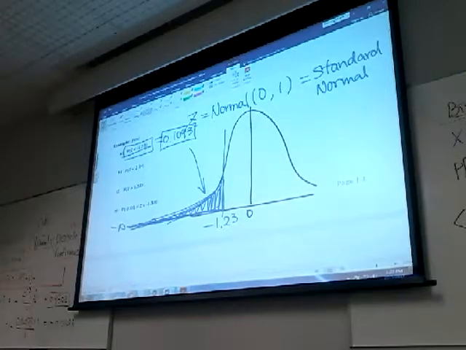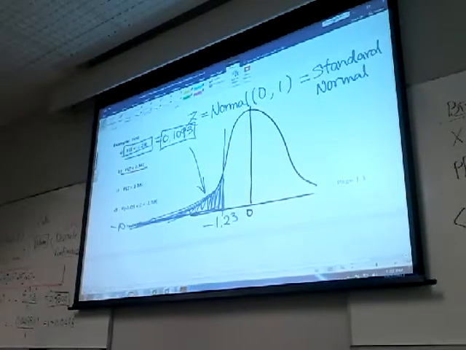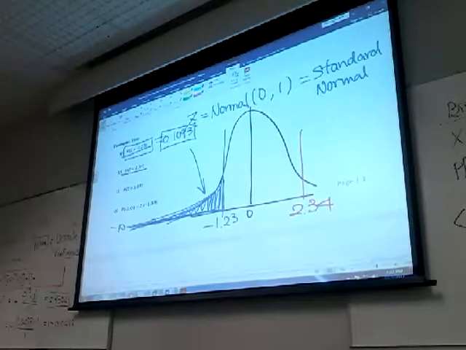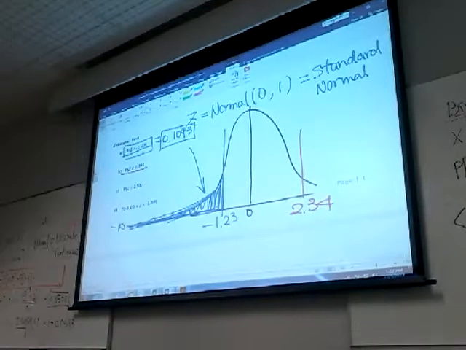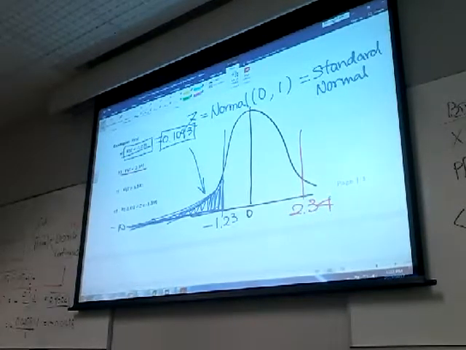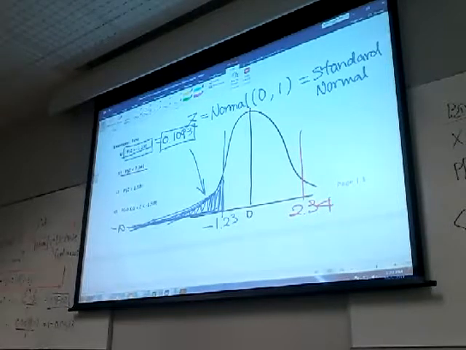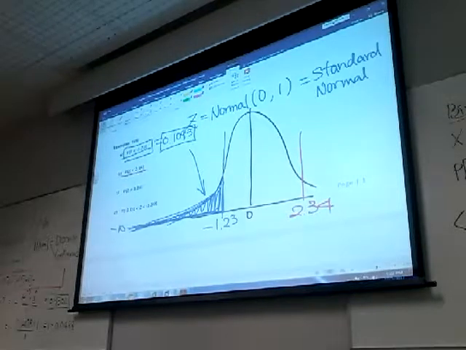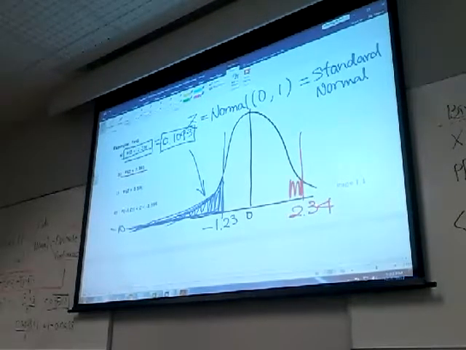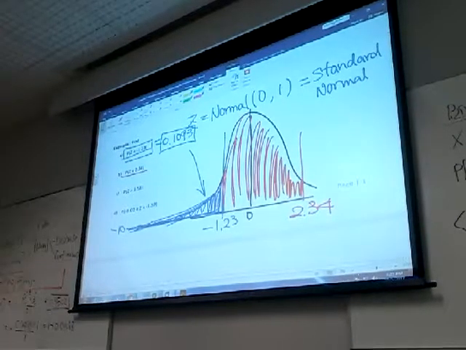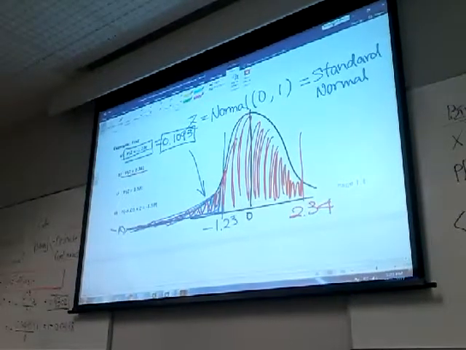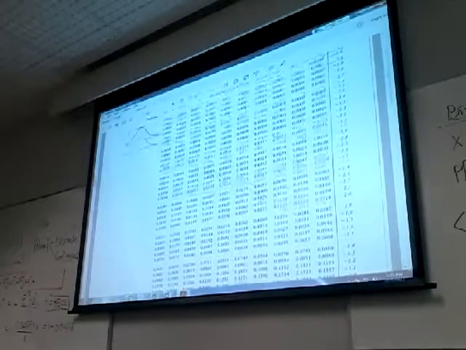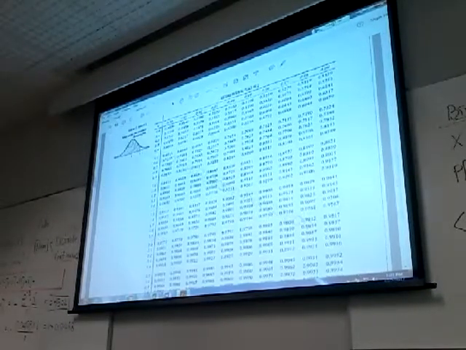Let me try the second one. Less than positive 2.34. Less than where? Left hand side or right hand side? Left. Less than. Now we can go to the positive page.